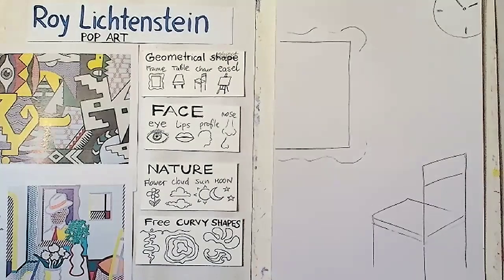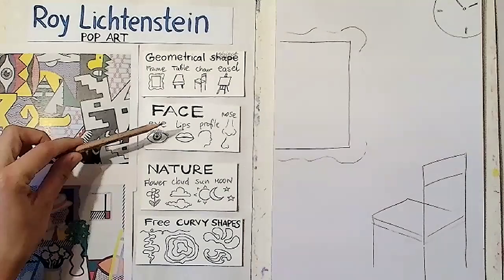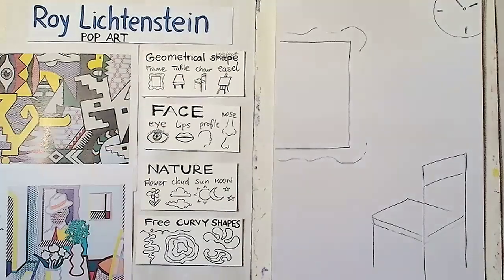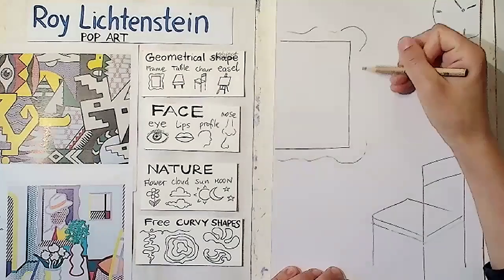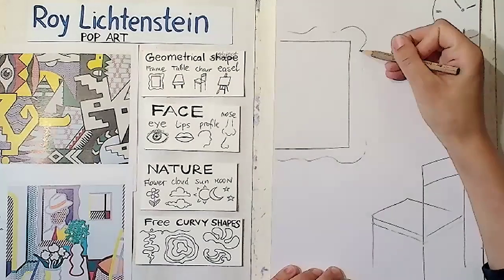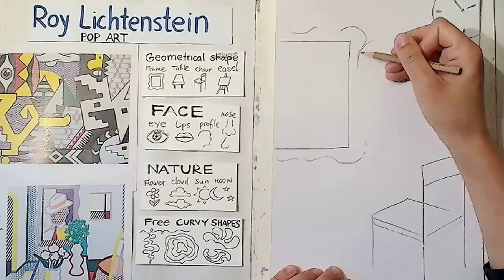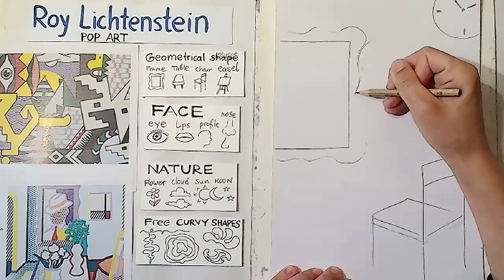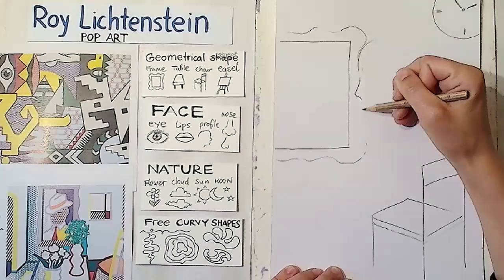Once you have your objects placed, like the next ones, body parts and nature parts, try to connect them or place them in some interesting way. So maybe I'll have this, and here will be the nose, and that will be the lips, and the chin.